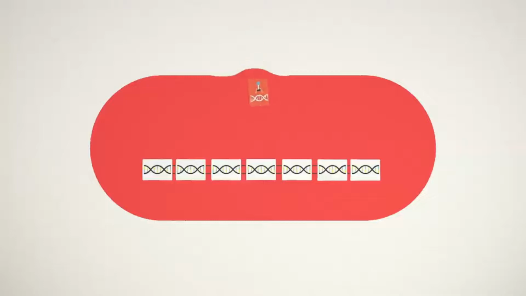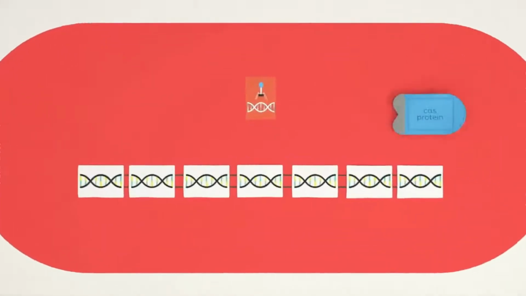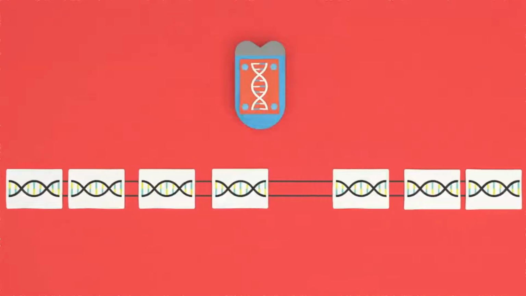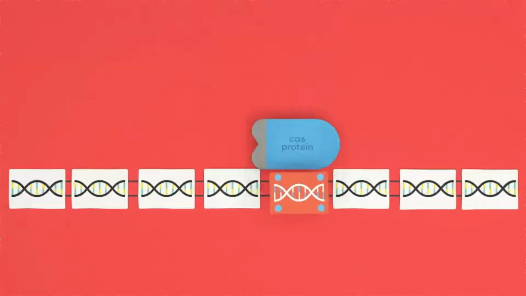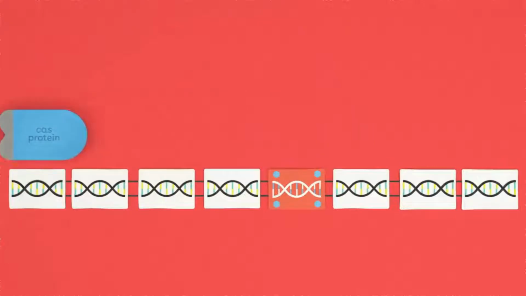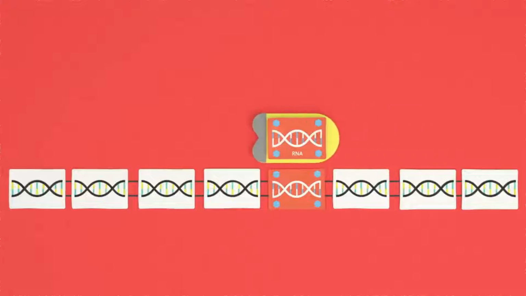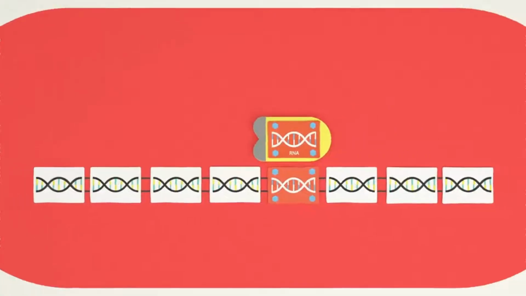When a virus invades a bacterium, Cas proteins cut out a segment of the viral DNA to stitch into the bacterium's CRISPR region, capturing a chemical snapshot of the infection. Those viral codes are then copied into short pieces of RNA. This molecule plays many roles in our cells, but in the case of CRISPR, RNA binds to a special protein called Cas9.